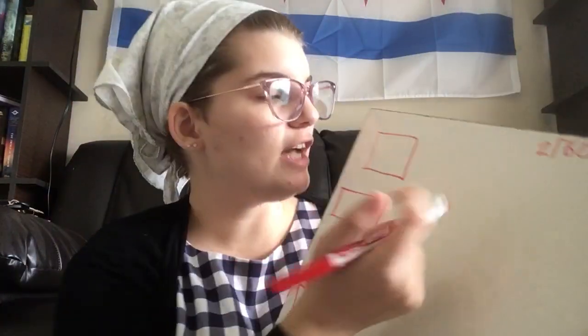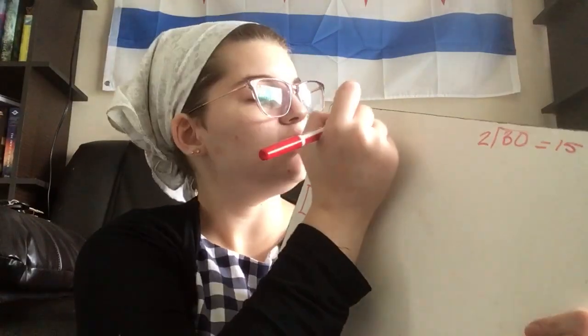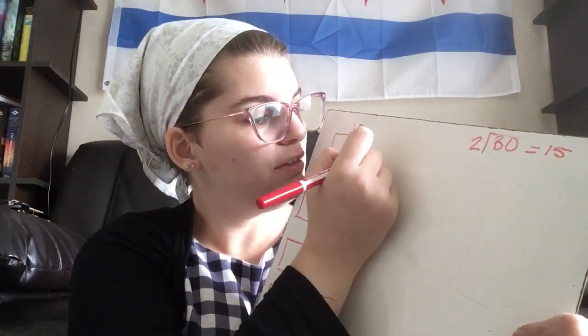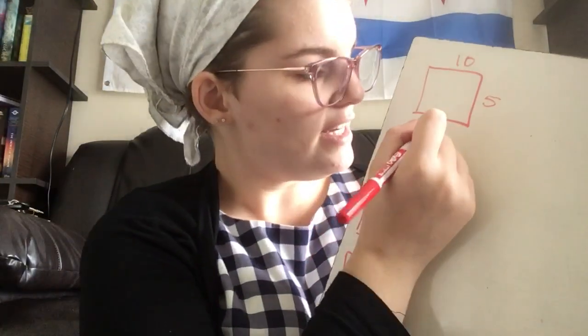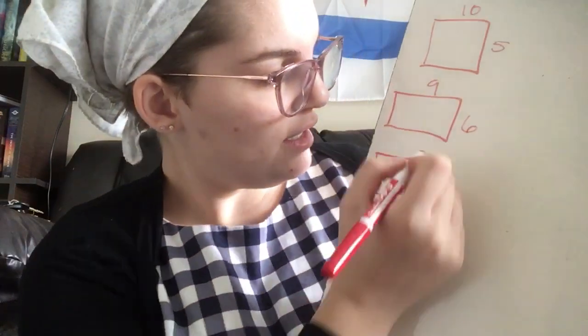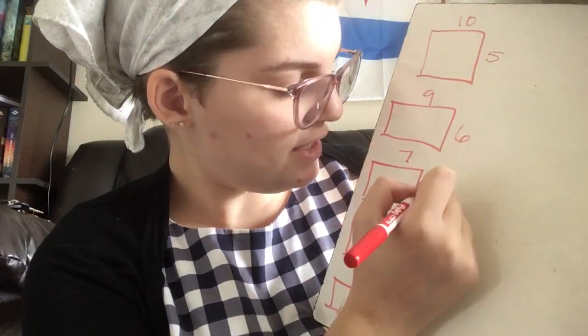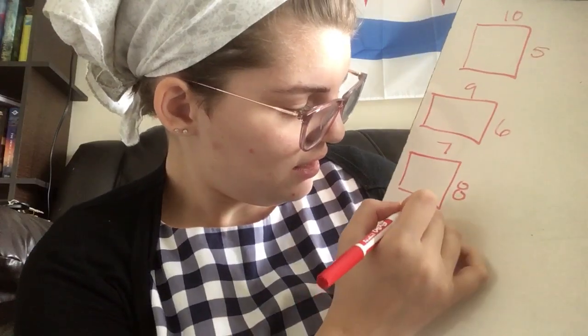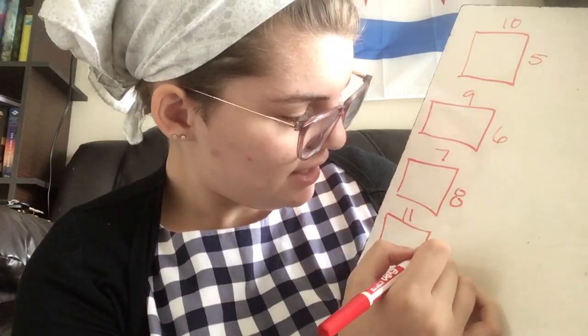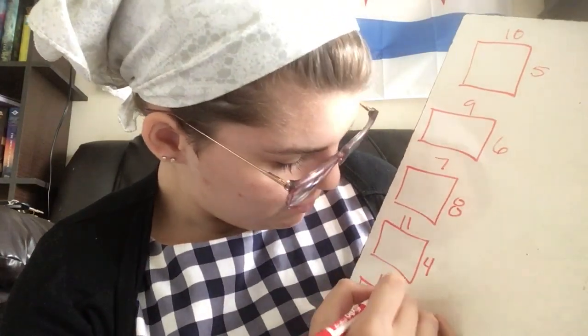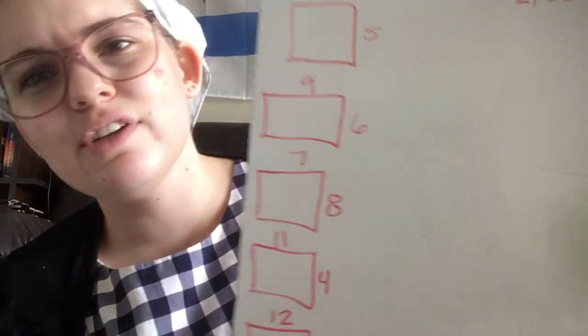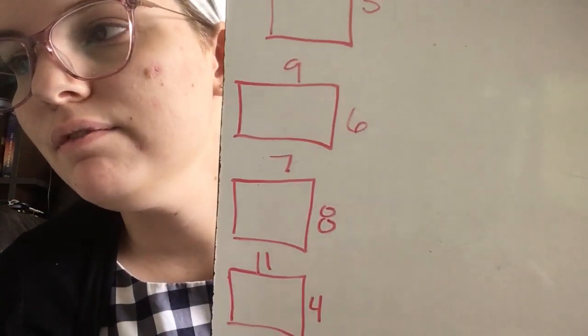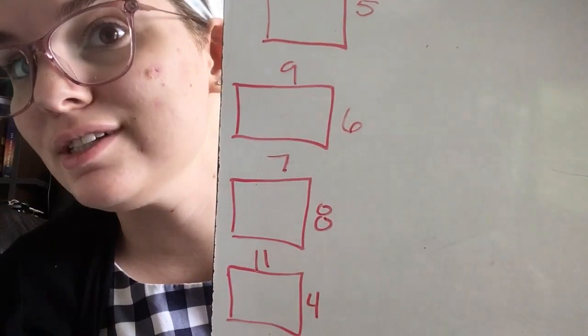So let's look at 2 of our sides. What adds up to 15? We have 10 and 5. All right, we have 9 and 6. There's 7 and 8. 11 and 4. 12 and 3. And then you also have 13 and 2, which we will try in just a second.